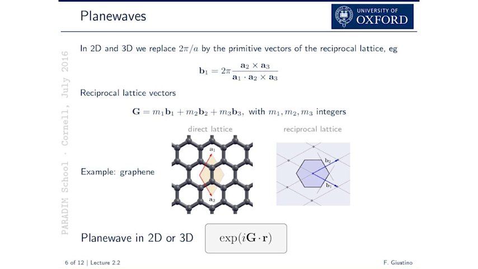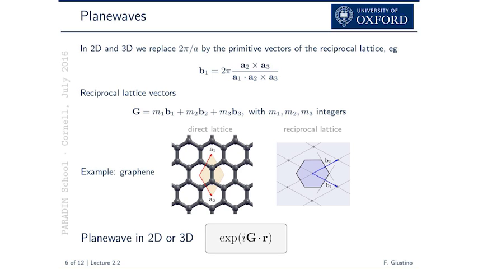So that was a plane wave. That is 1D. In the case of 3D, the situation is slightly more complex. It's something like that. You have just a scalar product between the G vector and the position where you are. Clearly, these are two vectors, and the scalar product is a number, so that's all well defined. So that's a plane wave in 3 dimensions.